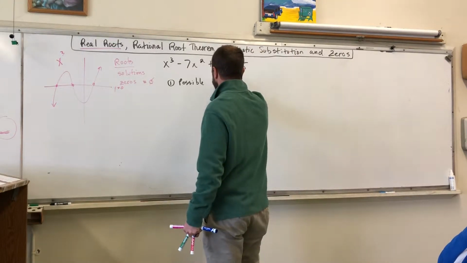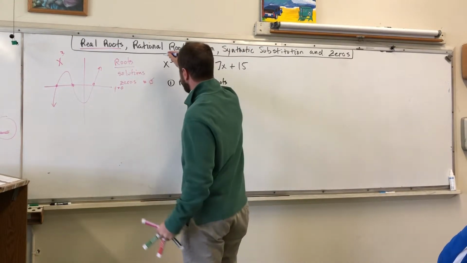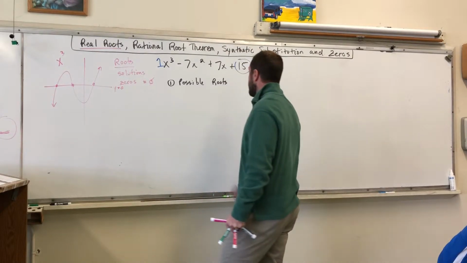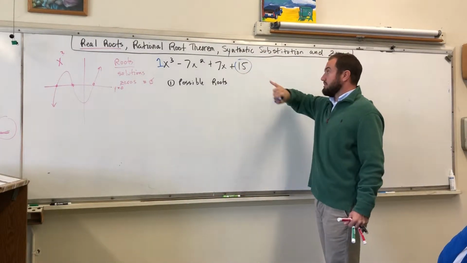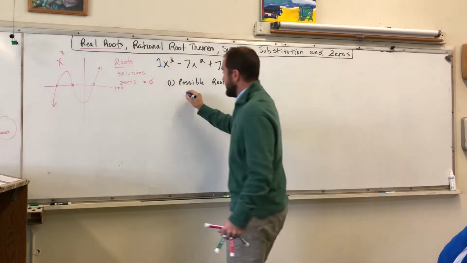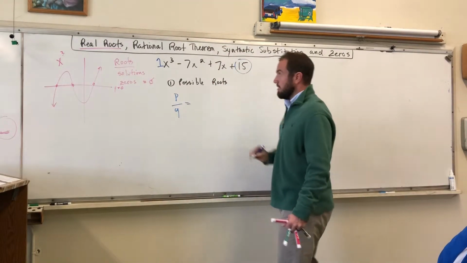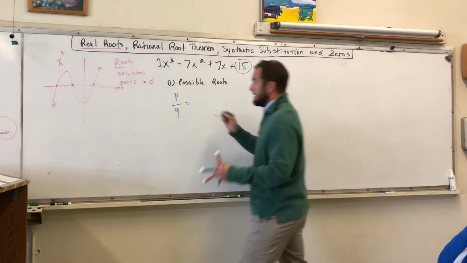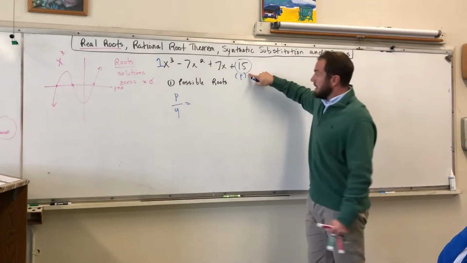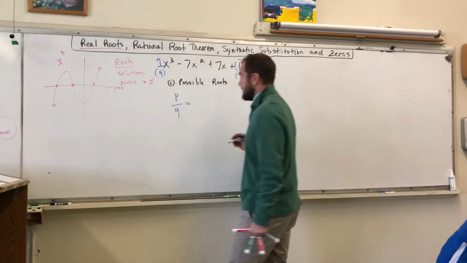So possible roots, basically you're looking at the leading coefficient and your constant term or your ending coefficient here, and you look at this P over Q would be a list of your possible roots. P being your ending coefficient and Q being your leading coefficient.